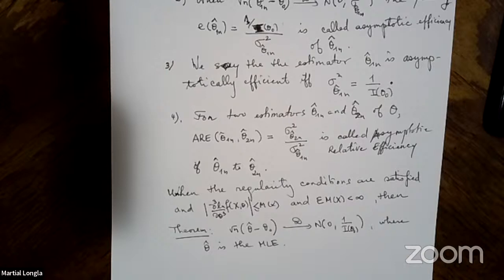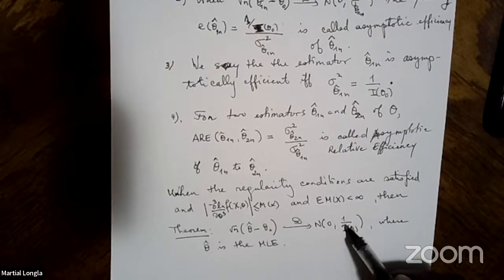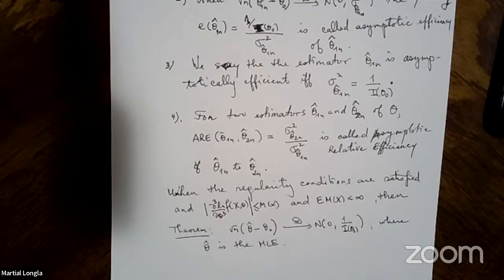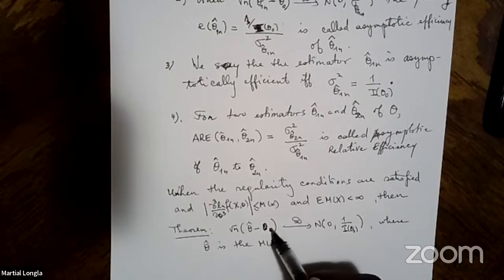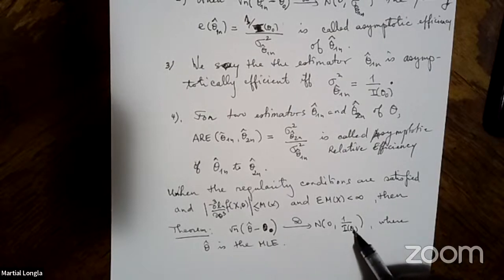That is one of the justifications why the MLE is so widely used in general, because the central limit theorem is satisfied. All you need to know this variance is to compute the Fisher information. And then if you're testing for a given value, which is theta 0, that's what you're going to put in there. And that's what is going to help you build your confidence interval or a test statistic, as we did in 575.